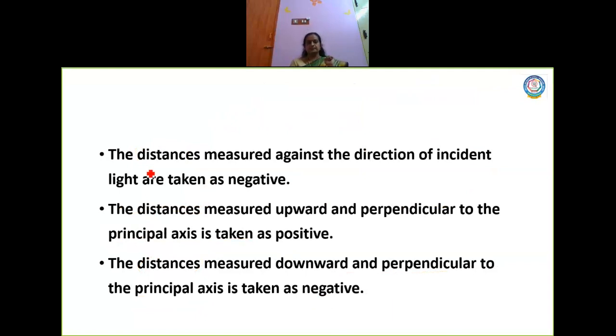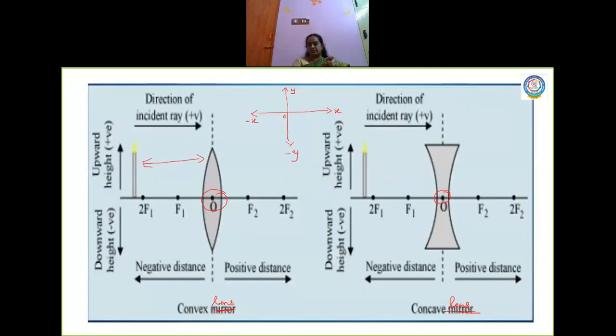See here, the distances measured against the direction of incident light are taken as negative. That is why you measure U also to be negative. U is in the direction opposite to the direction of incident light. Similarly, whenever a virtual and erect image is formed, that will also be on the same side of the lens.